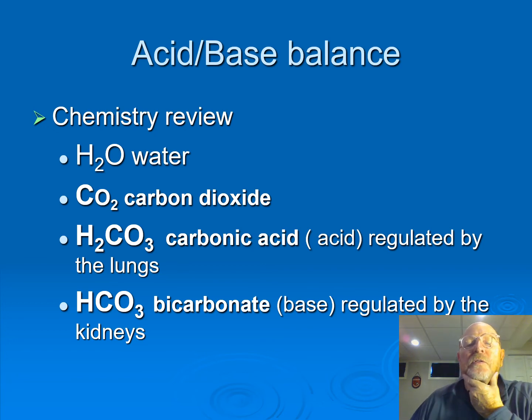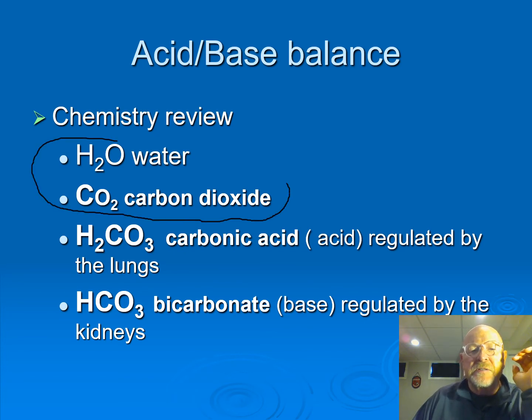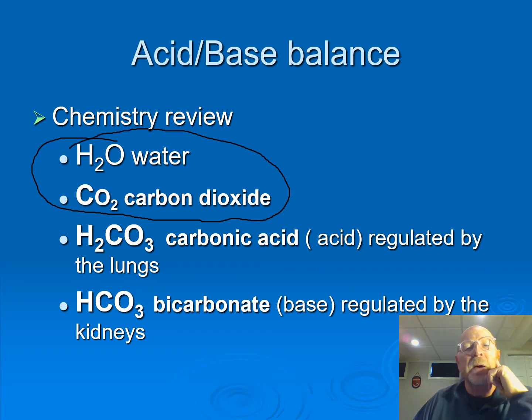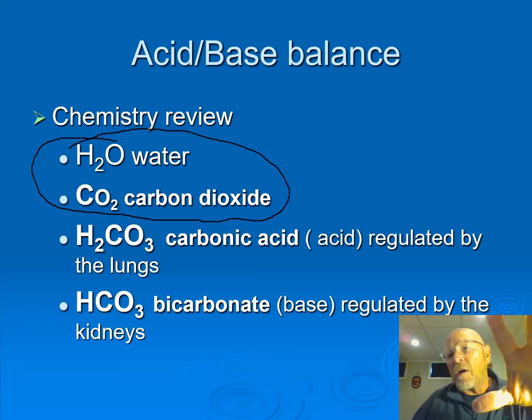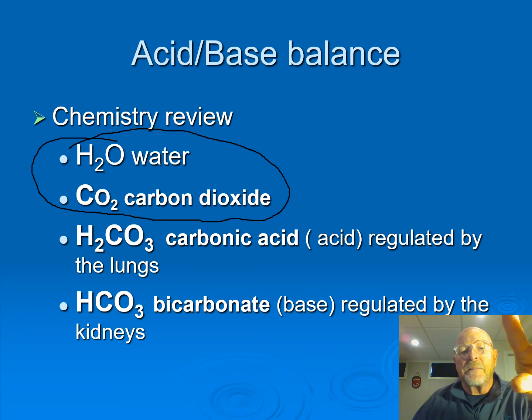What contributes primarily to that acid-base balance? Well, when the body undergoes normal metabolic processes, there are two primary waste products of all metabolic processes. That means once the metabolic process has happened, they're going to kick off some compounds.